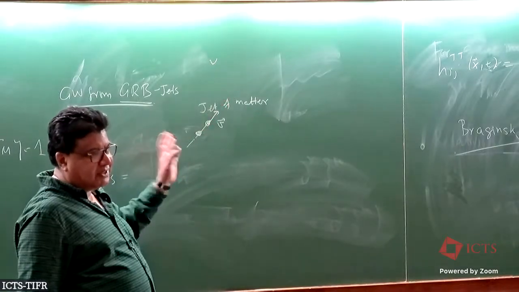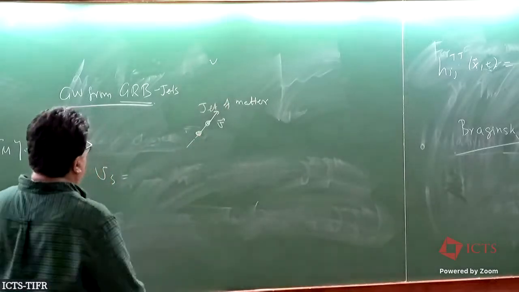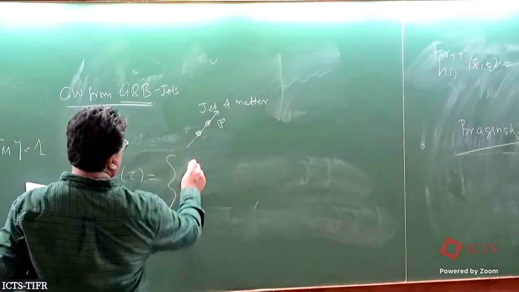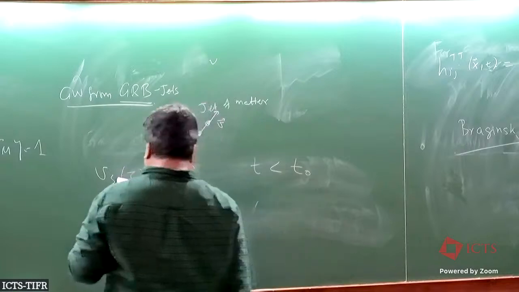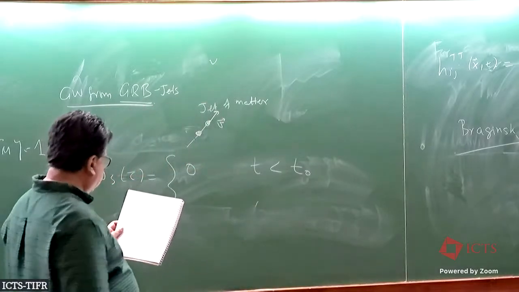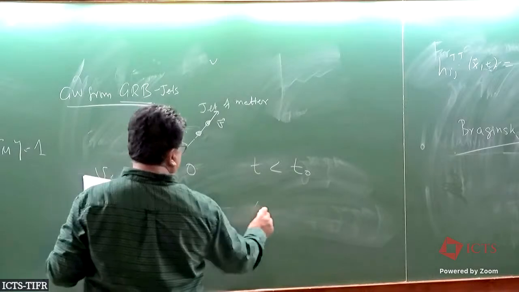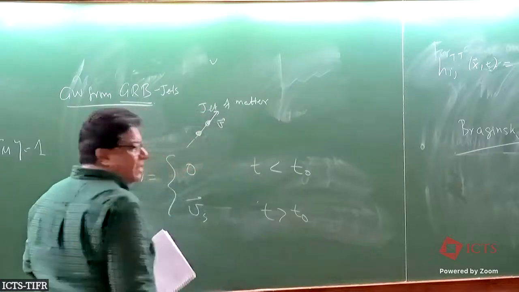So this is a transient phenomenon where one blob of matter is thrown out. So the source velocity is 0 for, let's say, t less than t0, and it is some constant V_s for t greater than t0.